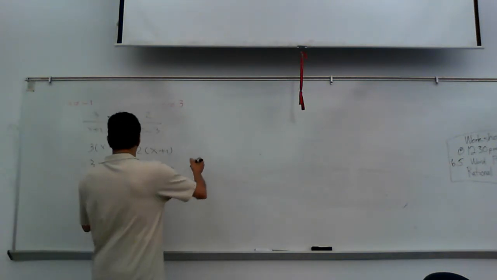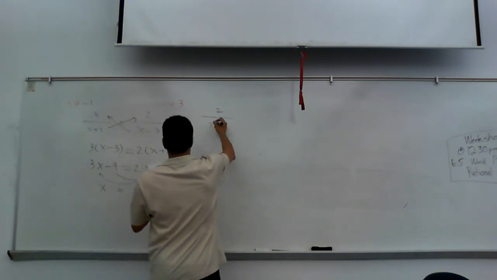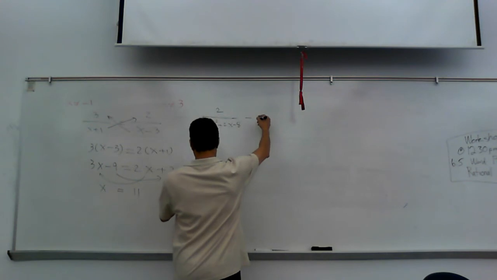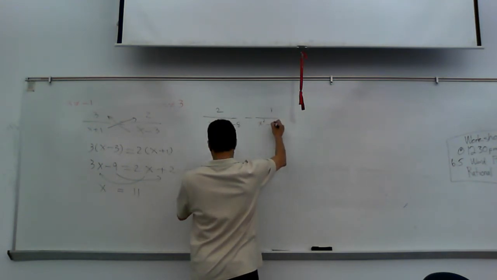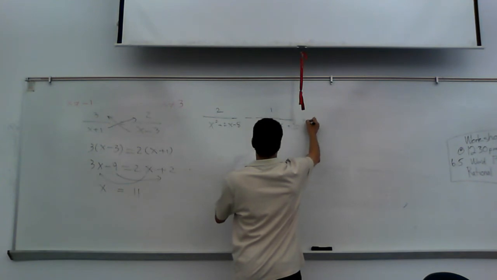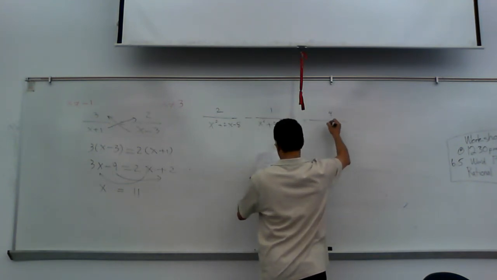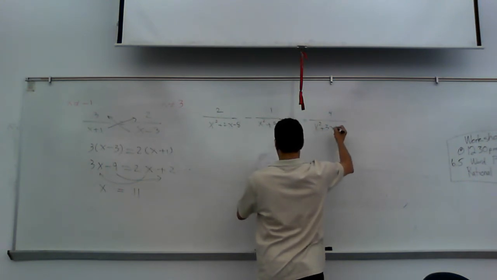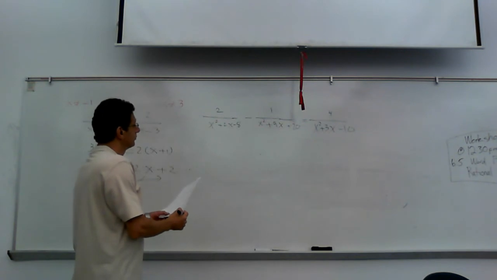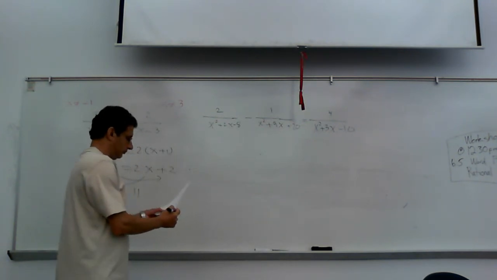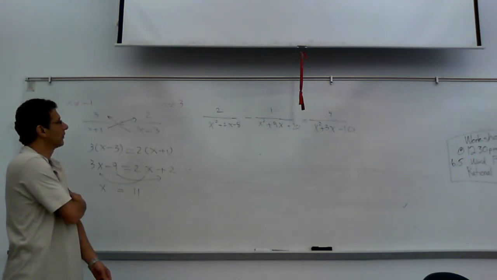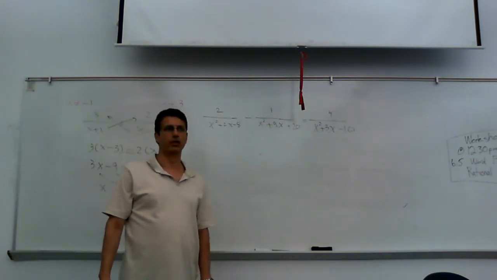All right, let us look at something a little bit more involved. First of all, class, when you are doing a rational expression, make sure you know what is excluded.